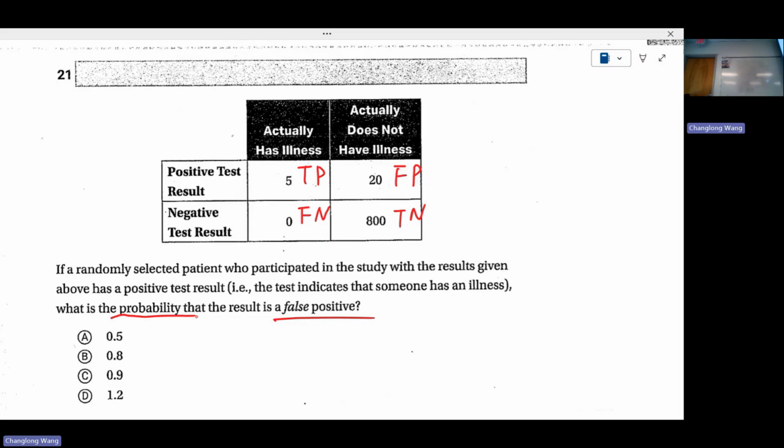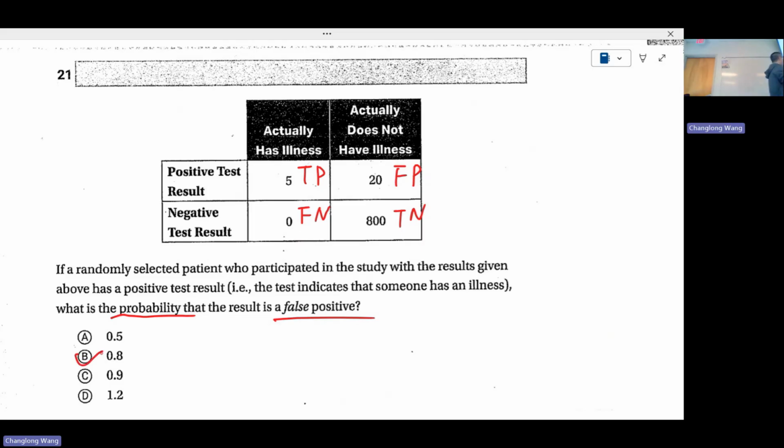But the probability will be the number of false positives divided by the total number of positive results. There are 25 people tested positive, but 20 of them are false positive. That's why it's 20 over 25, so you get 80%. Okay.